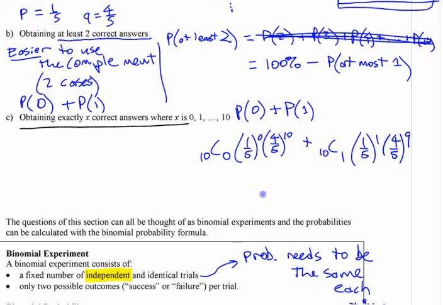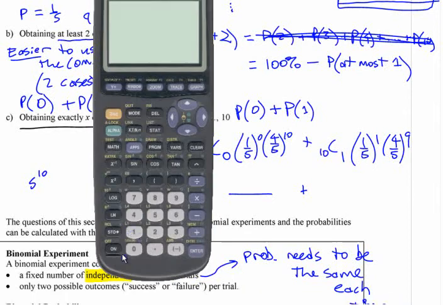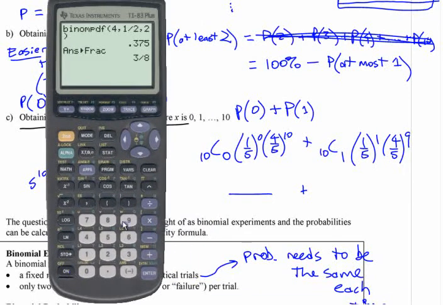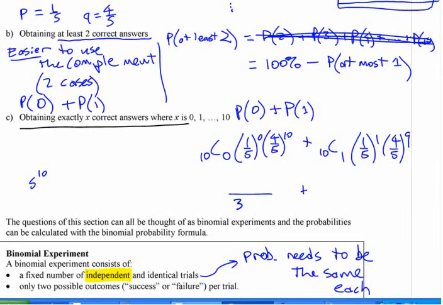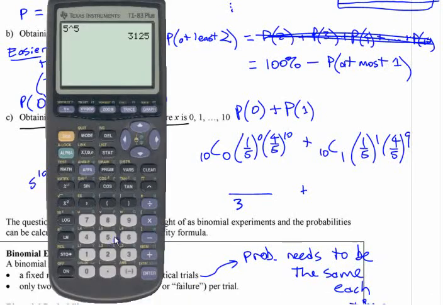If you work out each of those, this is going to be over whatever 5 to the 10th is. What is 5 to the 10th? I'll get the calculator out, don't worry. What did I do? Oh, I just did 5 to the 5th, you're right. See, maybe I should leave it up to you. 5 to the 10th.